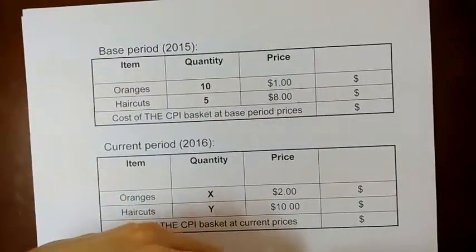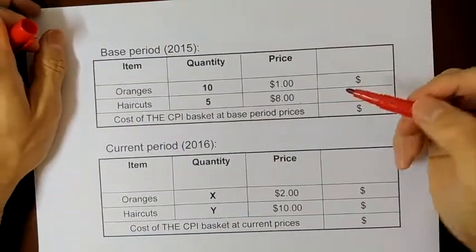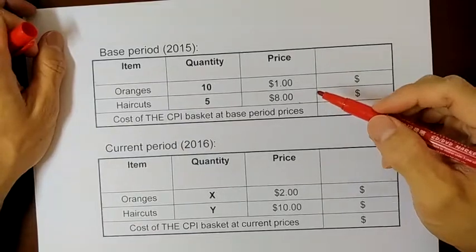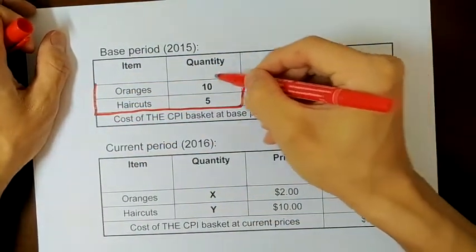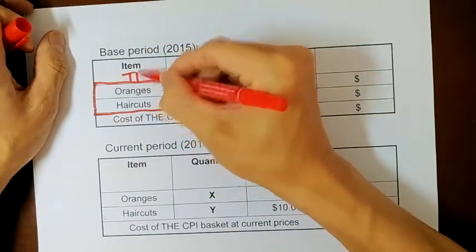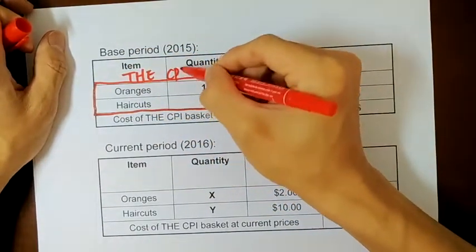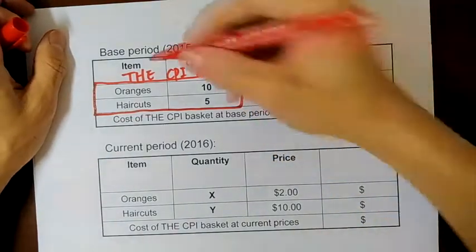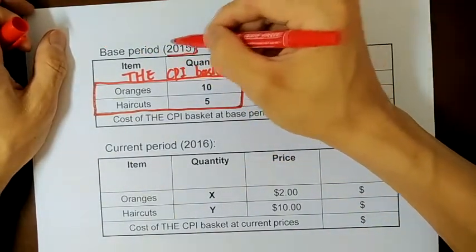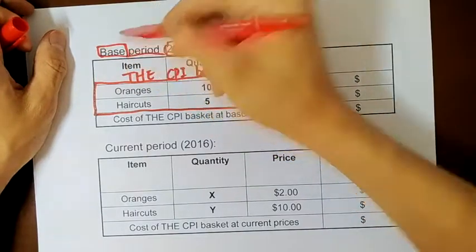Okay, now, the first stage is to select the CPI basket. The answer is this is the CPI basket, because 2015 is the base period.